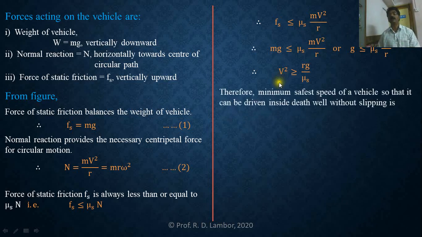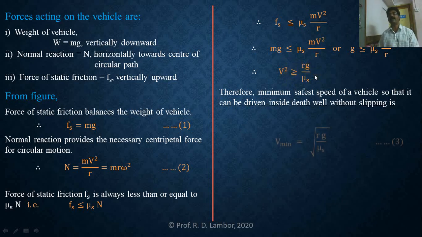So if you see this equation, you can say that it gives the minimum safe speed of the vehicle so that it can be driven inside the well of death without slipping. What is that minimum speed? From this equation, you can find the minimum speed by taking the square root on both sides.